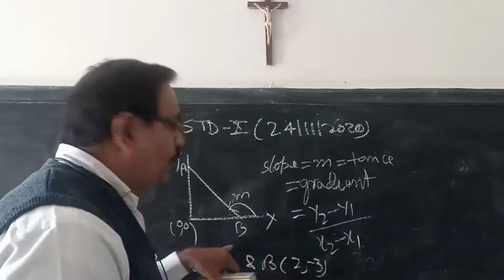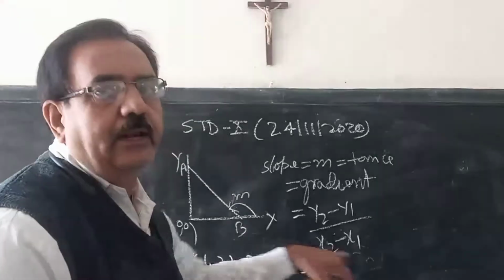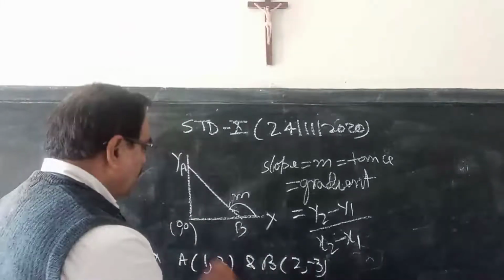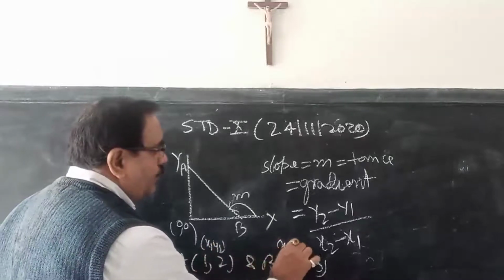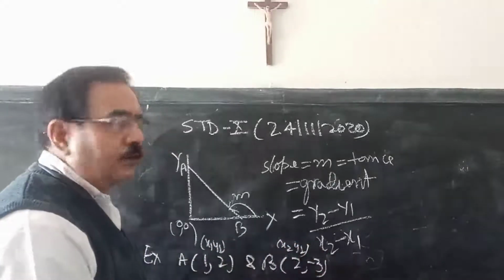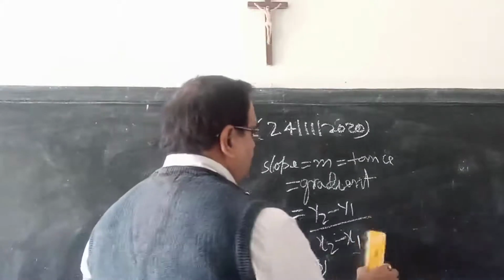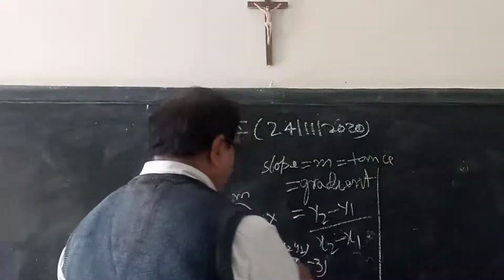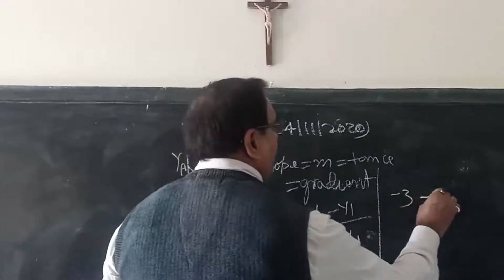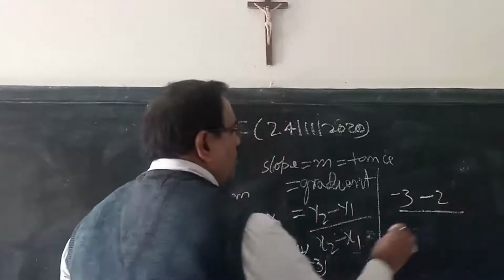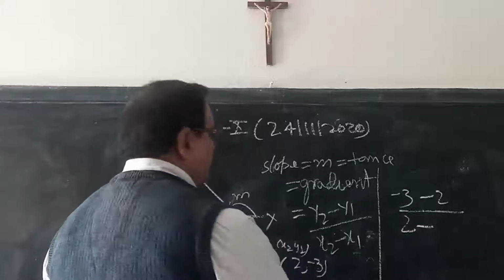Any one we will take as x1 y1 and any one we will take as x2 y2. Suppose this is x1 y1 and this is x2 y2. Then to find the slope, what form will we use? y2 minus y1, that is minus 3 minus 2, over x2 minus x1, that is 2 minus 1.